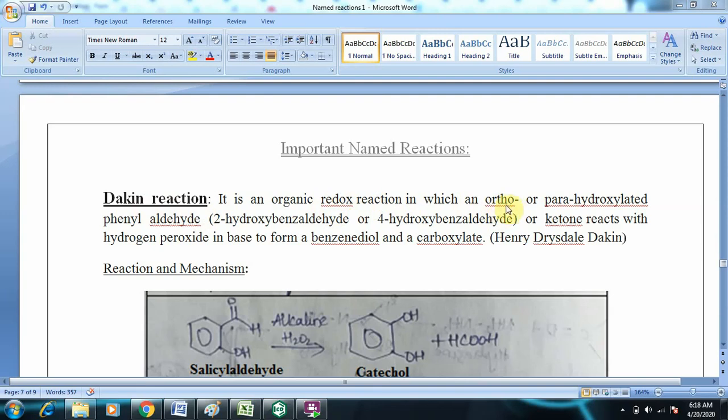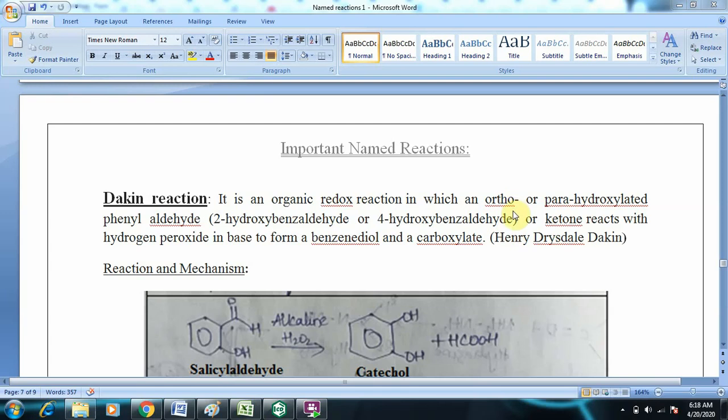The substrate used is ortho or parahydroxylated phenylaldehyde. For example, 2-hydroxybenzaldehyde or 4-hydroxybenzaldehyde.